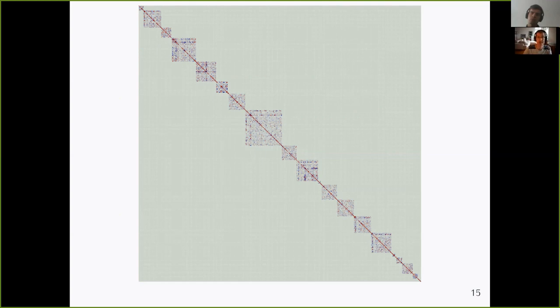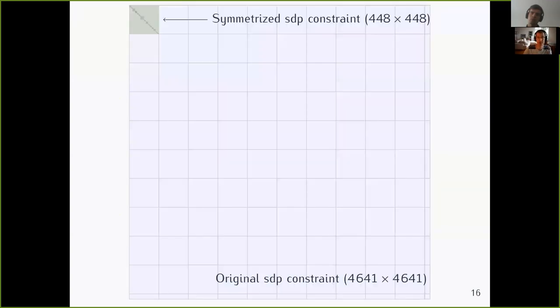But the actual picture, to put this into perspective, is as follows. The original constraint is this blue-gray large square. And then we reduce this to a small square in the upper left corner. And then further, we reduce to these colorful dots that signify the semi-definite blocks inside.